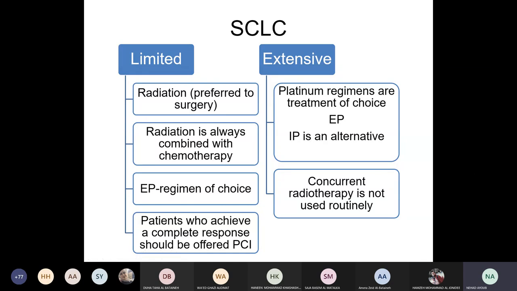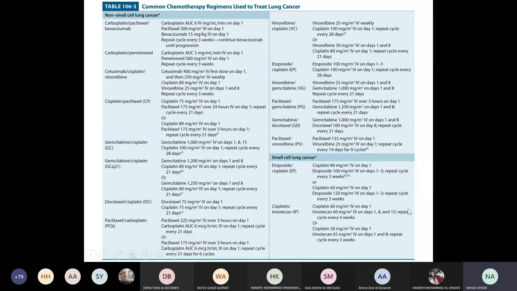In small cell lung cancer we have two approved platinum doublets: EP, etoposide with cisplatin, and IP, irinotecan with cisplatin. According to NCCN guidelines, between these two, EP is the standard.